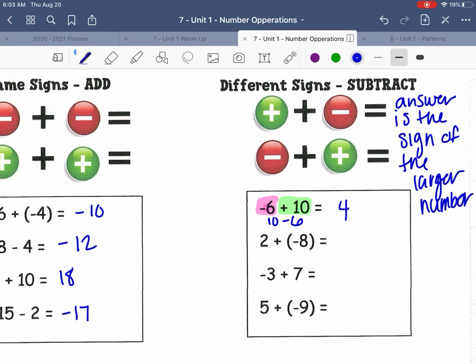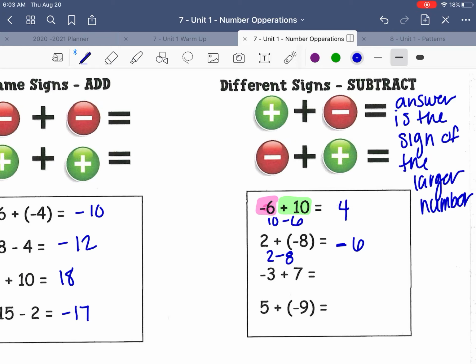So 2 plus -8, that's the same thing as 2 minus 8. Again, 8 is bigger than 2, so we know our answer is going to be negative. And then when we subtract those, 8 minus 2 gives us 6. The next one says -3 plus 7. Our answer is going to be the sign of the larger number.